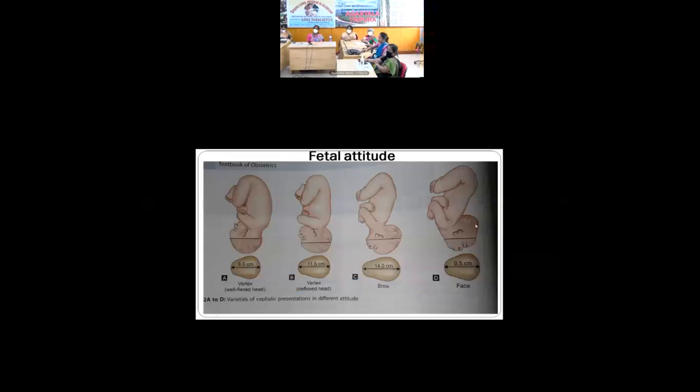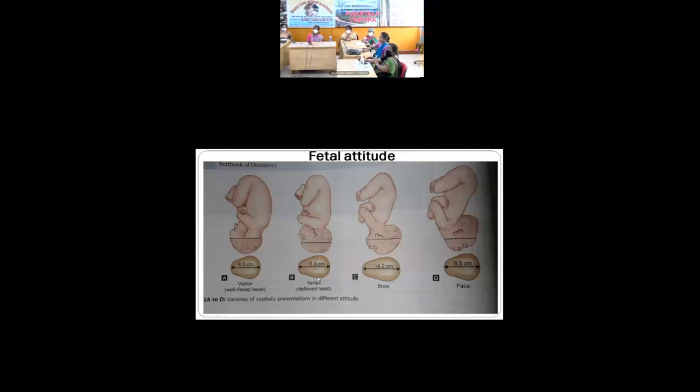Now the different types of attitude, the universal attitude is flexion, deflection. Here you can see the diameter is shown. When the baby is fully flexed, universal attitude, that is flexion, the baby's head engaging diameter is, you can see, suboccipitobregmatic diameter.